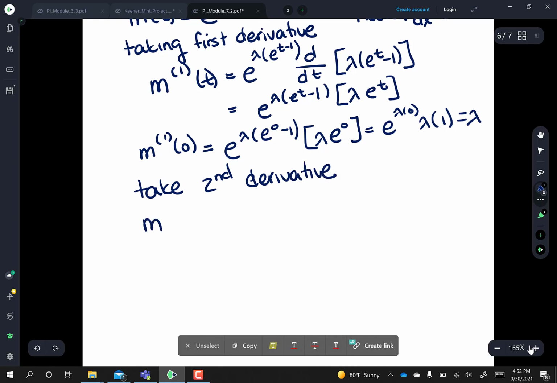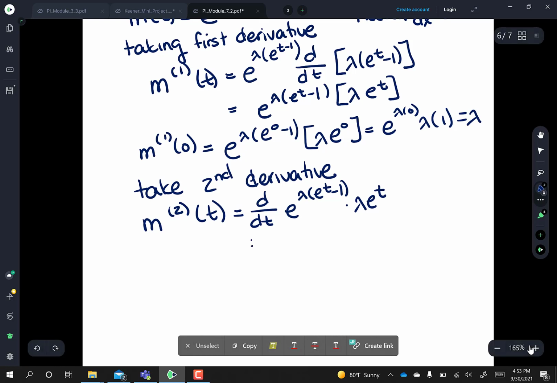Okay, so in other words, m double prime of t. This one I'm going to let you check on your own. But remember, we've already taken the first derivative, so here you're just going to take the derivative of e to the lambda (e to the t minus 1) times lambda e to the t.